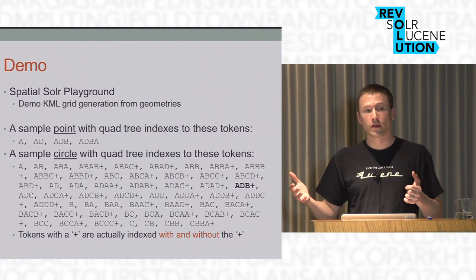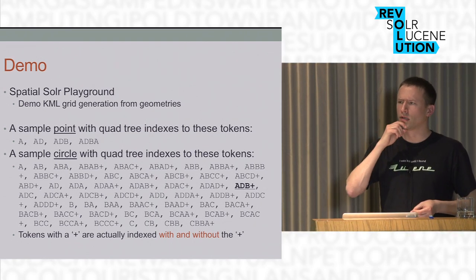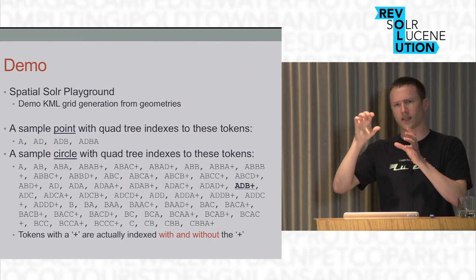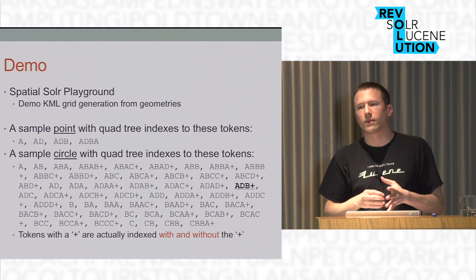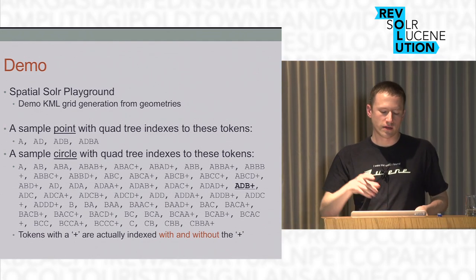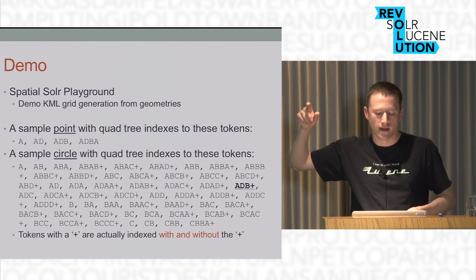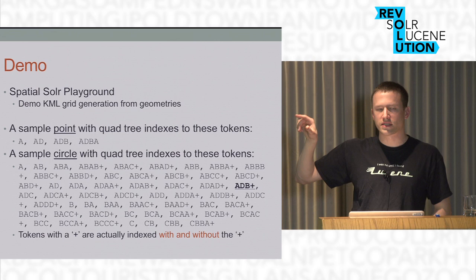But if you have a shape, it has to decompose that shape. I had a picture earlier of Normandy off France where you could see the big grid cells and the smaller ones. So if you index some polygons or any shape that's not a point, you basically have a lot more tokens. And so we see the parent at the A level, AB, ABA, and then you'll notice there's a little plus symbol at the end.